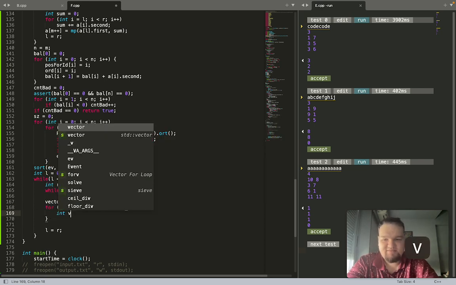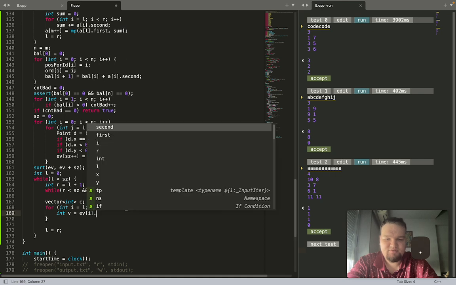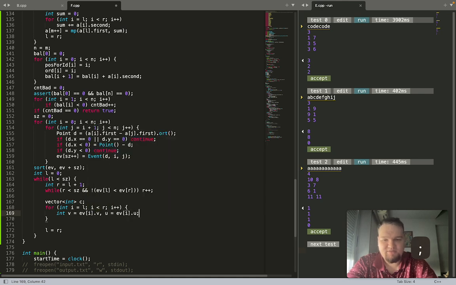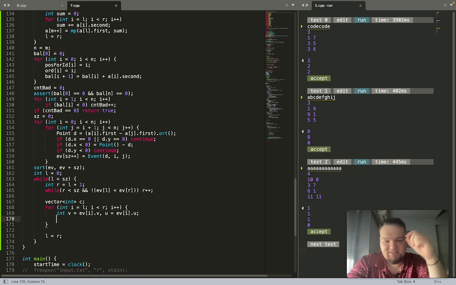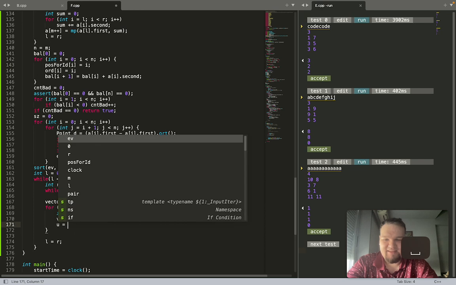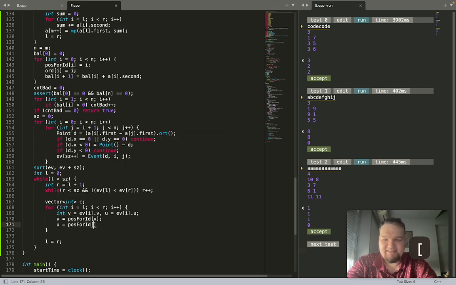So an event says that I should swap points with IDs V and U, but those are not their positions right now, those are their IDs. To get the position, I use the array position for ID that I will be maintaining.